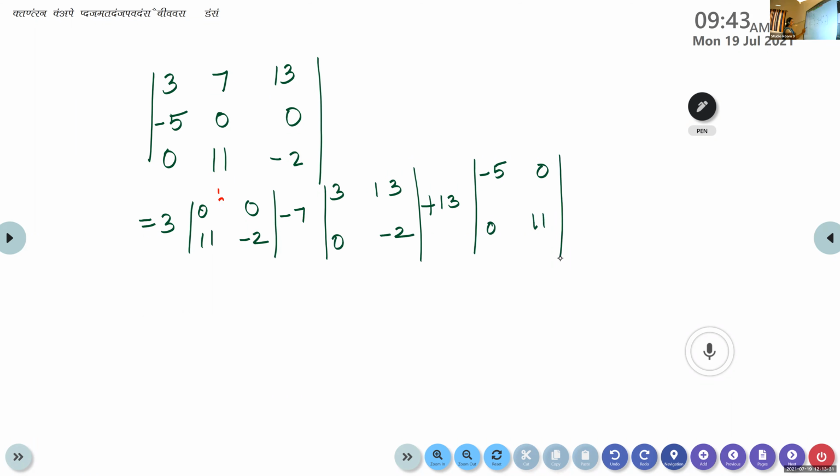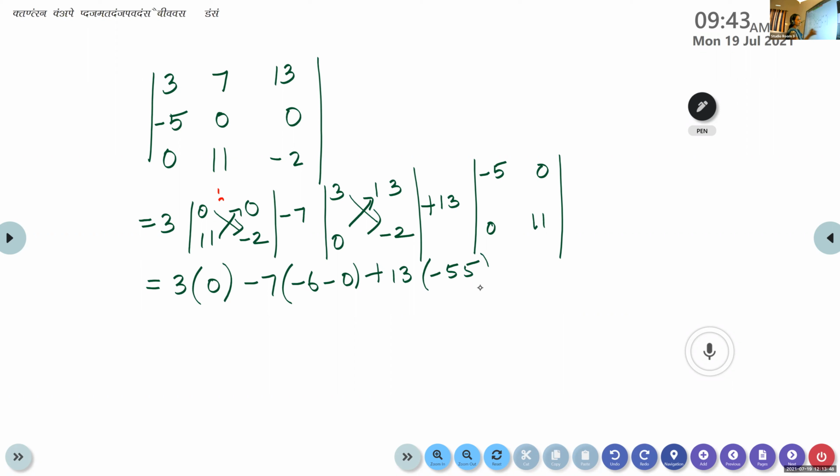So it is 3 into, when we expand this 2 by 2 determinant, we will get 0. Minus 7 into minus 6 minus 0, when we multiply this, it will become 42. Plus 13 into negative 55. So it is 0 plus 42 minus 13 into 55.